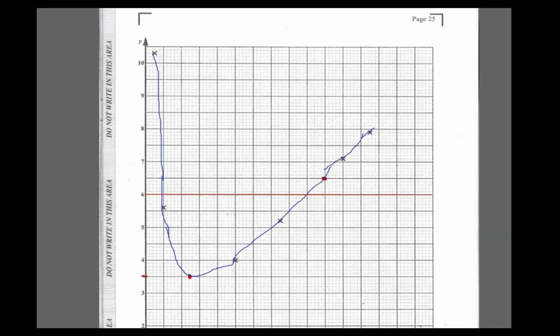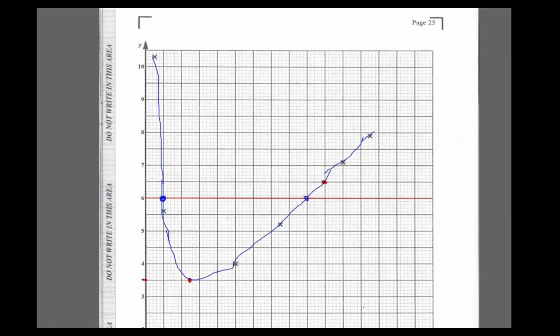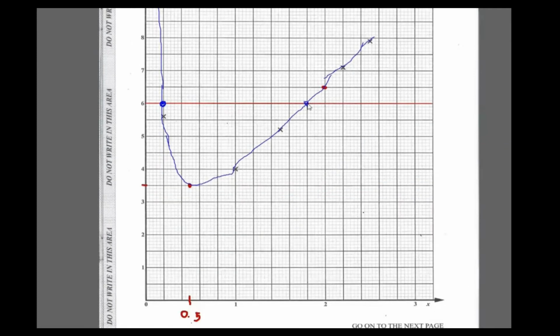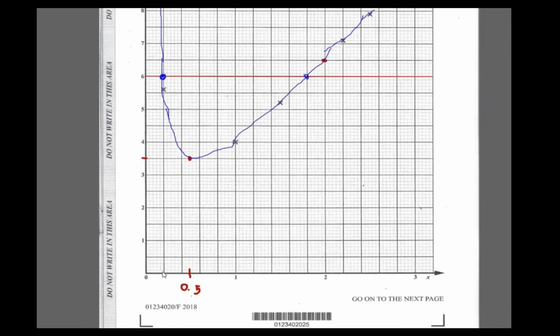Remember, my sketch wasn't so accurate, all right? So I am thinking that the correct answers are this point right here and this point right here. The solutions that we're getting are when x looks like 0.2, and when x equals 1.8.